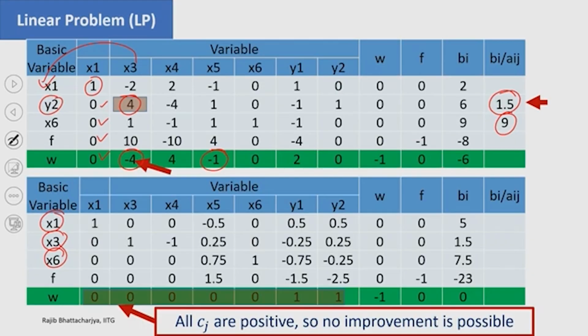And if I look at the last row, that is the phase 1 objective function, here there is no coefficient with negative value. That means I cannot improve this solution and y 1 and y 2 are not there. So, therefore, I will eliminate this particular column, okay, and this particular row also. So, I will remove this one.